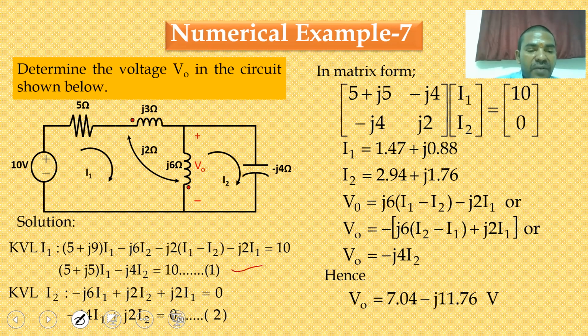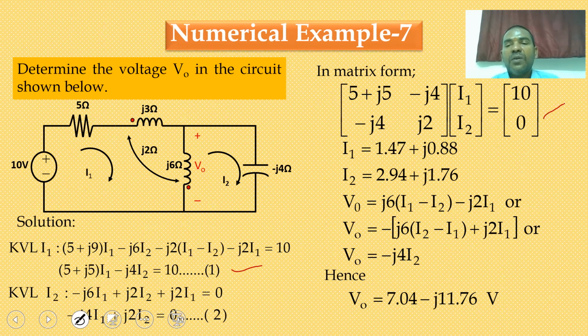So here the final value, if you substitute it for 0, you can get minus j times of 4 into I1 plus j2 times of I2 is equal to 0. So putting in matrix form, 5 plus j5, minus j4, minus j4, j2, I1, I2, 10, 0.